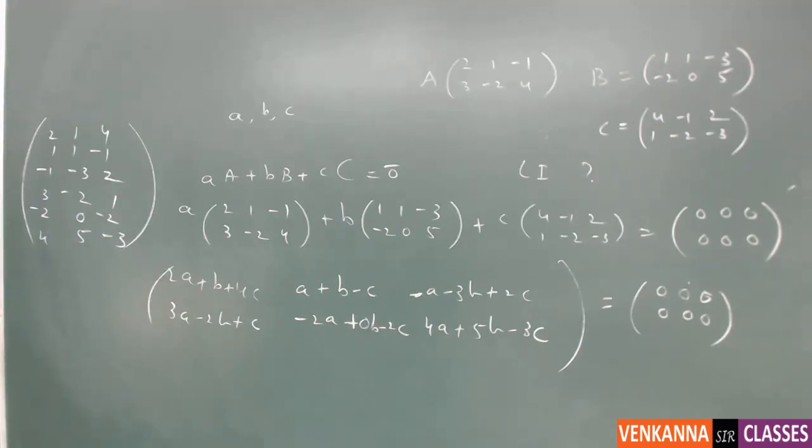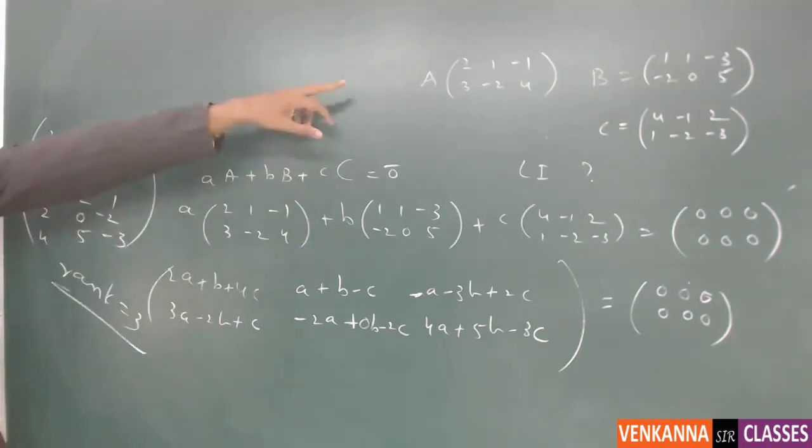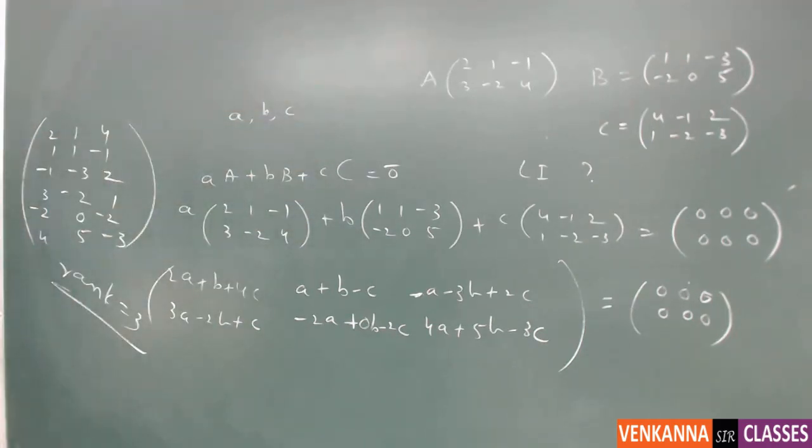On this you apply row operations and reduce it into echelon form, and you will get that the rank of the matrix is 3. So the rank equals the number of variables. This system will have only the trivial solution, that is A, B, C are 0, 0, 0. Therefore, the given set of matrices is linearly independent. That was the conclusion.